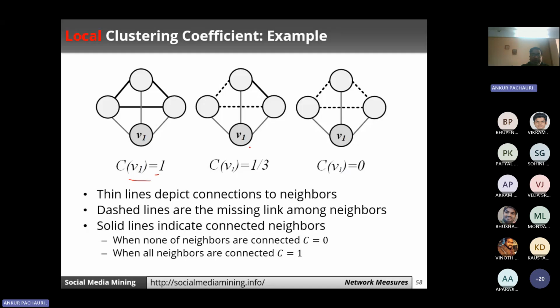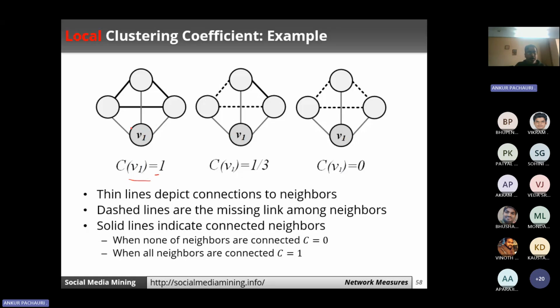So how are the neighbors by themselves being connected? Ultimately, the intuition is this. With the local clustering coefficient, I'm trying to figure out how neighbors are connected by themselves. I'm not talking about V1, I'm talking about the neighbors of V1.